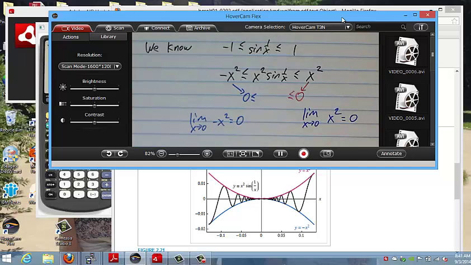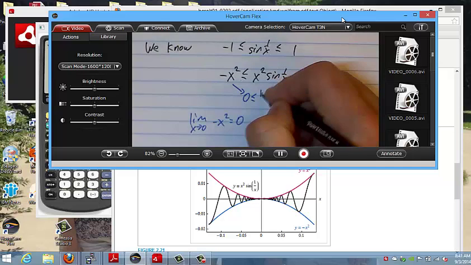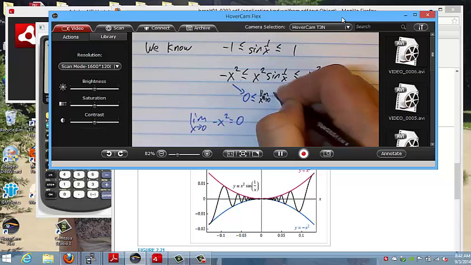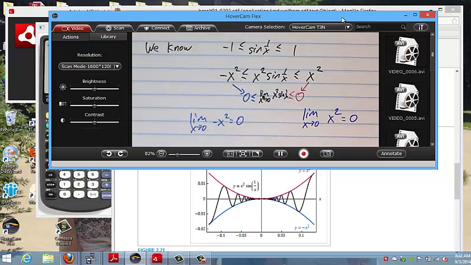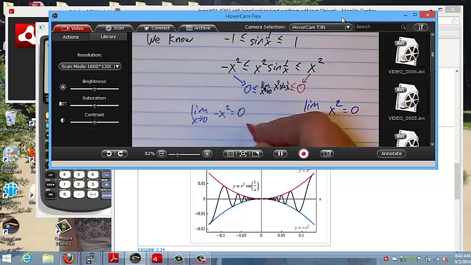And so it stands to reason that the limit as x approaches 0 of x squared sine of 1 over x has to be between 0 and 0. So what's the only possibility? 0.